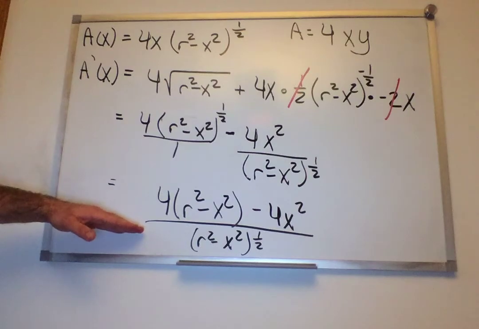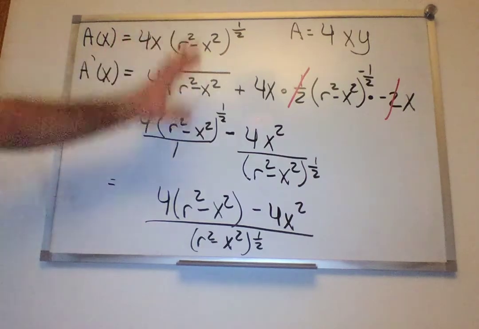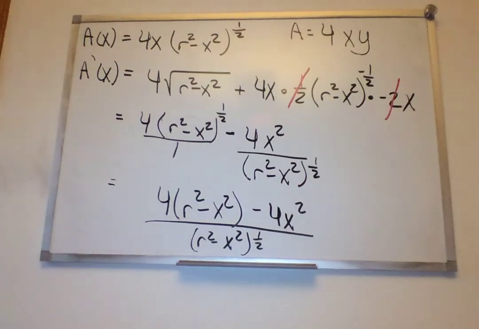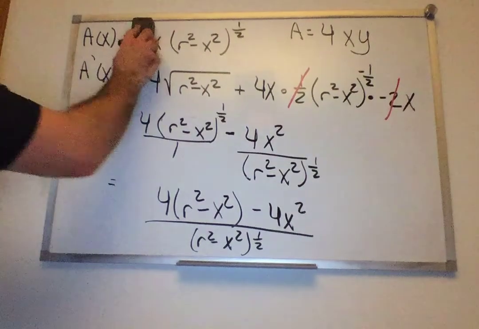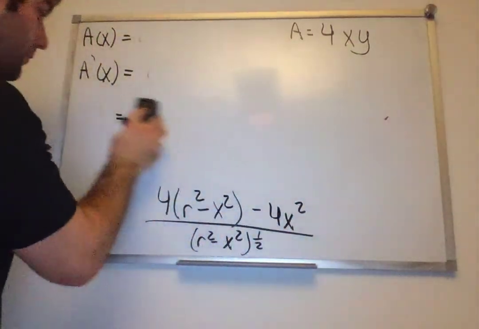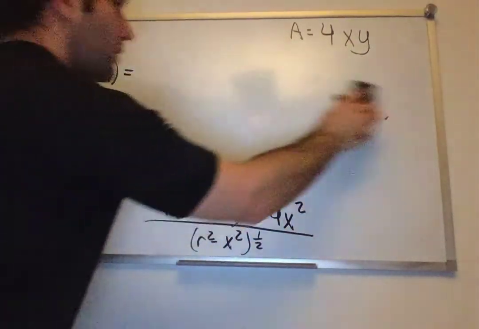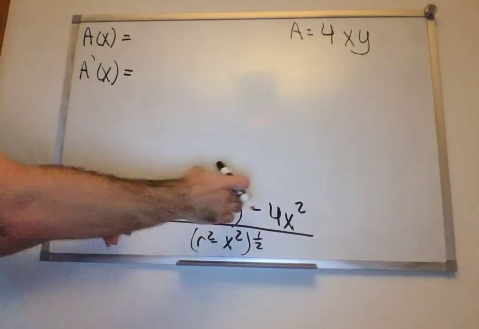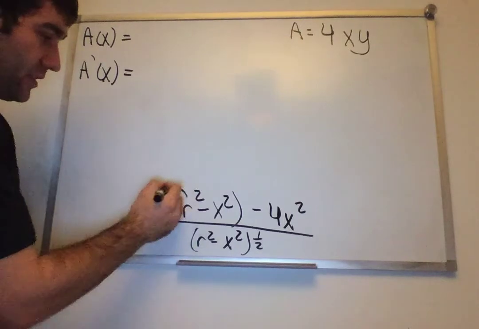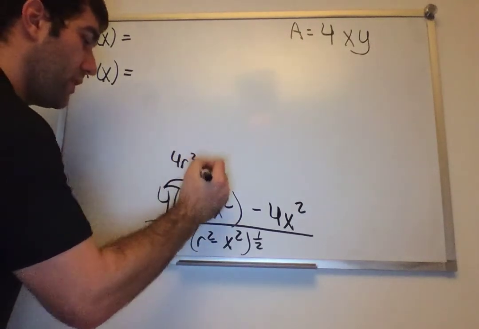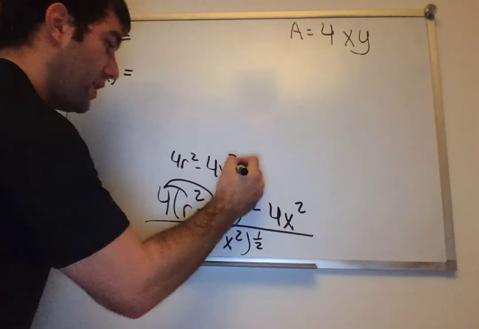Okay? Now, here's our derivative. It's simplified. So what I'm going to do is erase all this and just rewrite our result back up here for our area formula. Now, one thing before I do that, let's simplify the top a little bit. If I distribute this 4, you get 4r squared minus 4x squared.